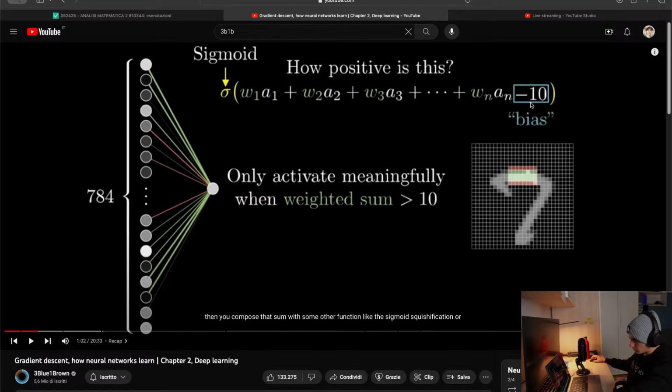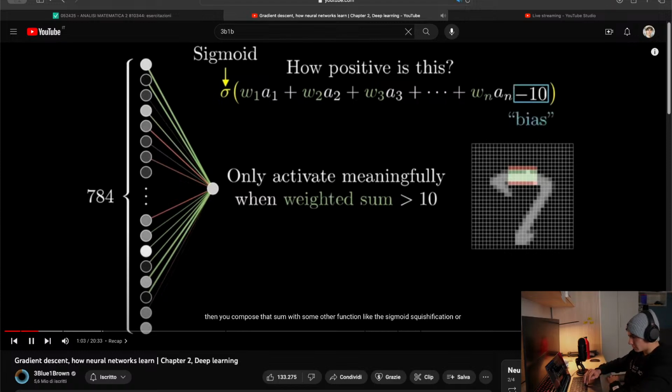Esempio, in questo caso, se mettiamo il meno 10, significa che il neurone si attiva solamente se questa somma, questa combinazione lineare w1 a1 eccetera, fino a wn an, ha un valore maggiore di 10.